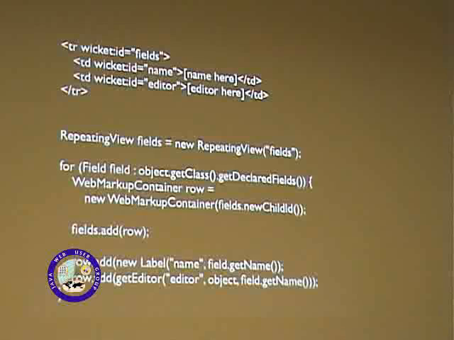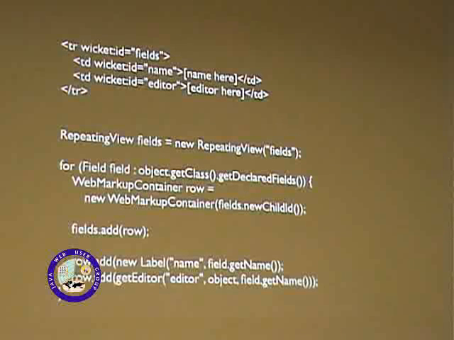Sorry, can I just ask you a question about that new child ID? Because field is basically from the reflection package, isn't it? So you're doing some kind of bytecode enhancement or something like that? It would help to have slightly better naming here, I must admit.